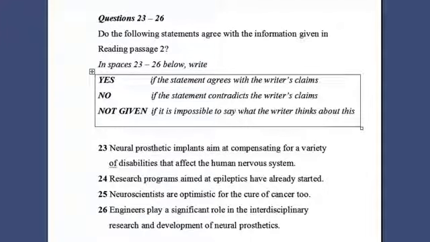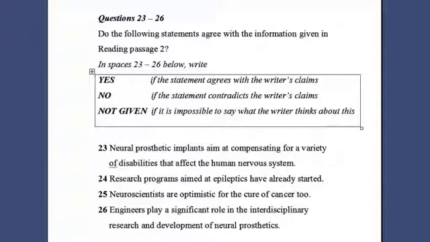Well, here in this example, they ask you about the opinions of the writer, so you should take into account only the writer's views in order to answer the questions. Also, keep in mind that the statements will be in the same order as the information given in the text. Again, underline keywords, or better yet, words and phrases that cannot be paraphrased. For example, here in question 23, the phrase neural prosthetic implants seems like scientific and medical terminology.